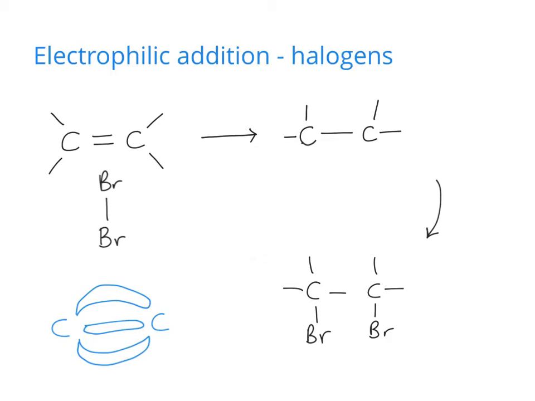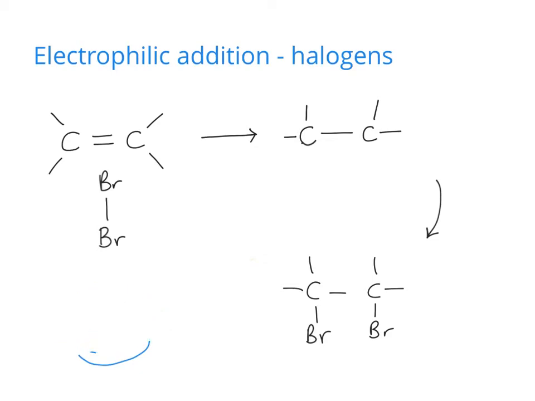So when a bromine molecule, which itself has a very large electron cloud, being quite low down in the group, approaches that pi bond, the electron density in the pi bond is going to repel the electron density around the molecular orbitals of the bromine and therefore induce a dipole across that bond.